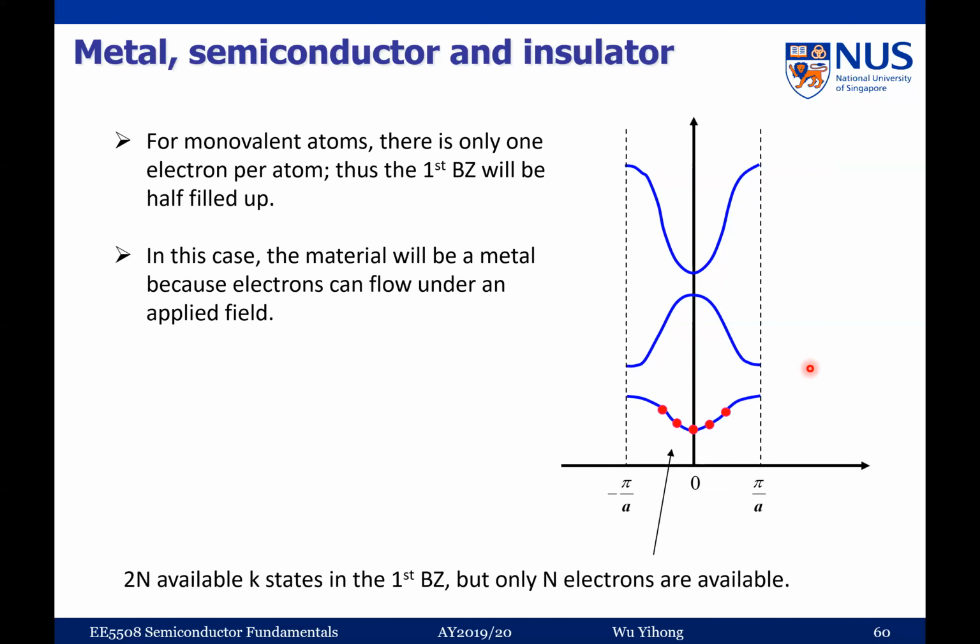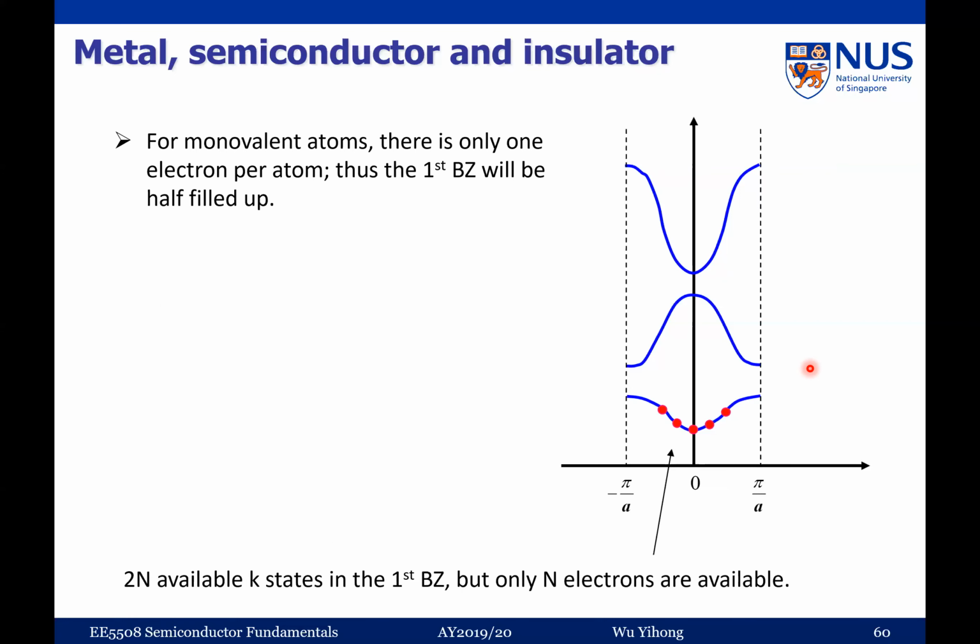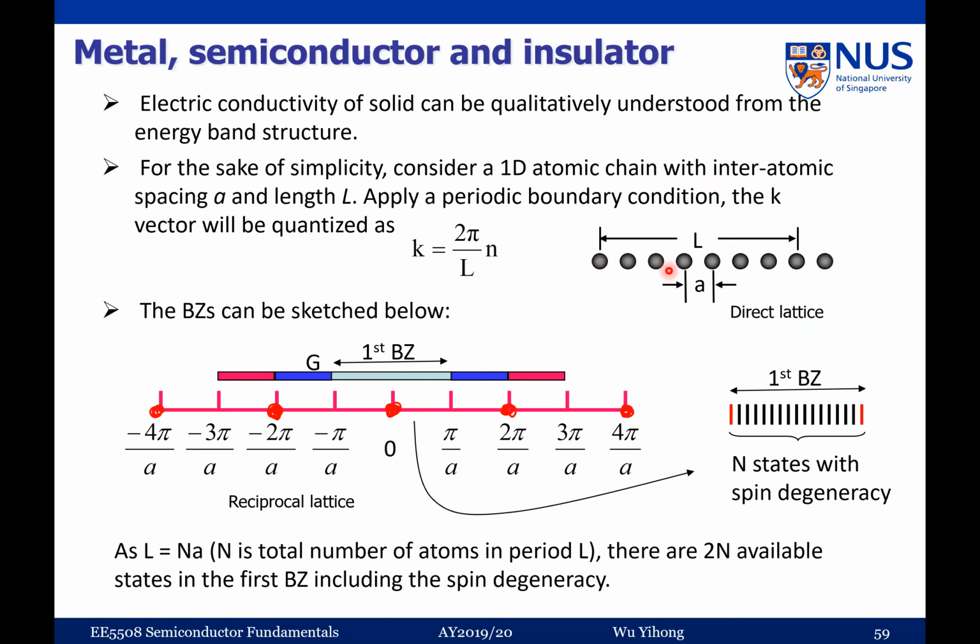But since you only have n atoms within that line segment, and each atom contributes 1 electron, you only have n electrons, but you have 2n states.